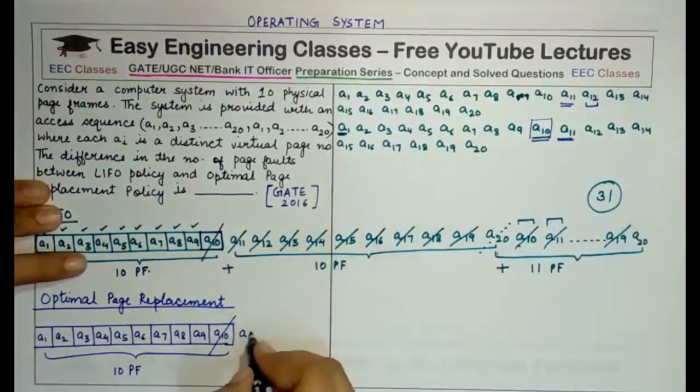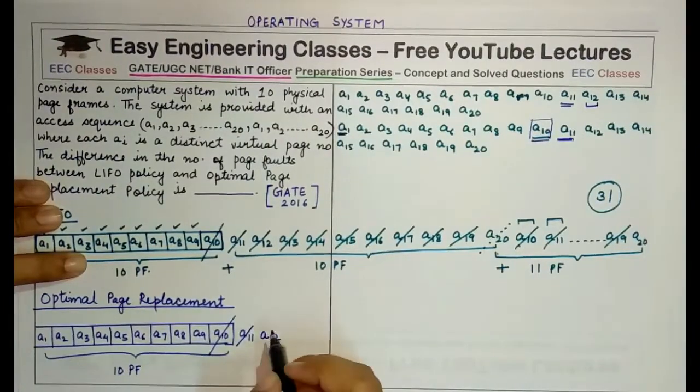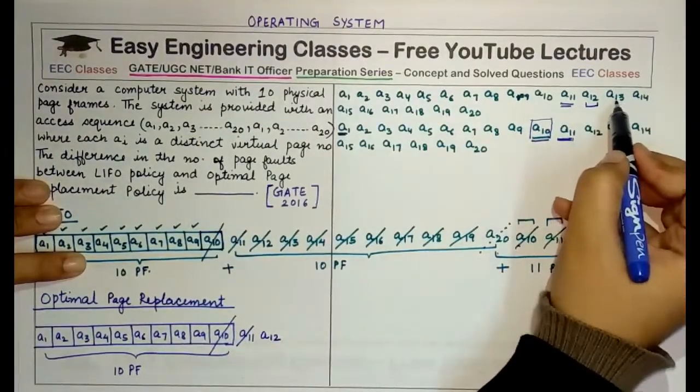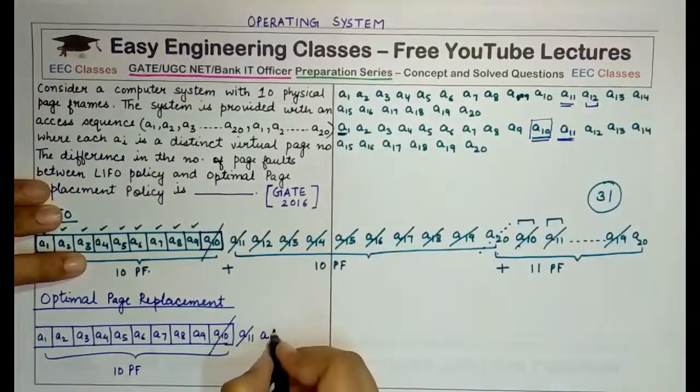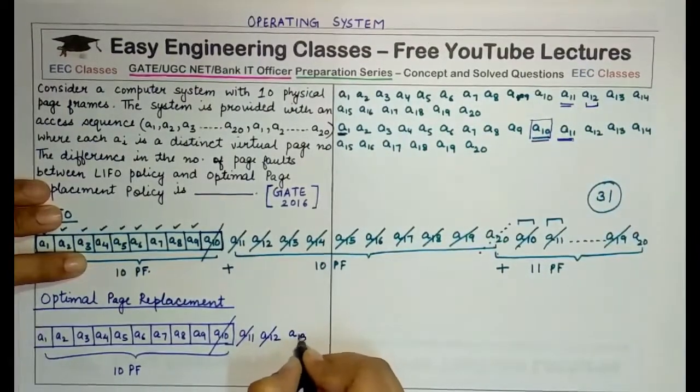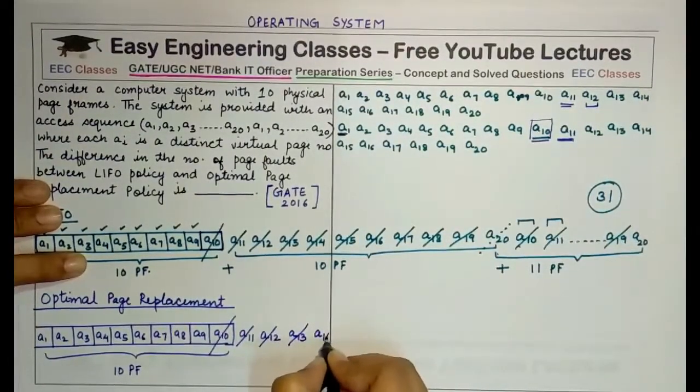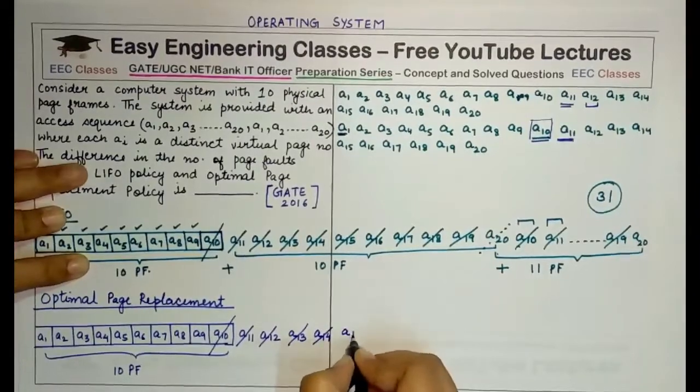So I again replace A11 by A12, and continuing in this manner, A13 would replace A12, A14 would replace A13, and so on.